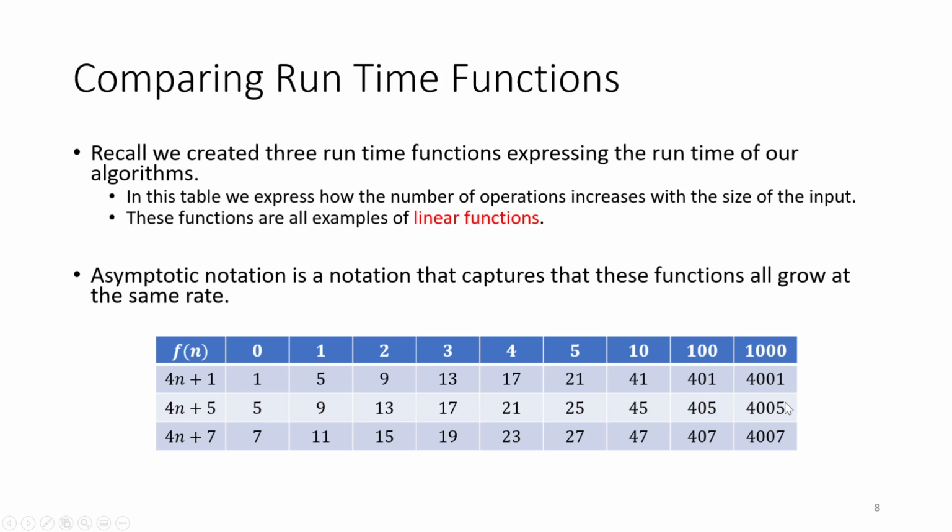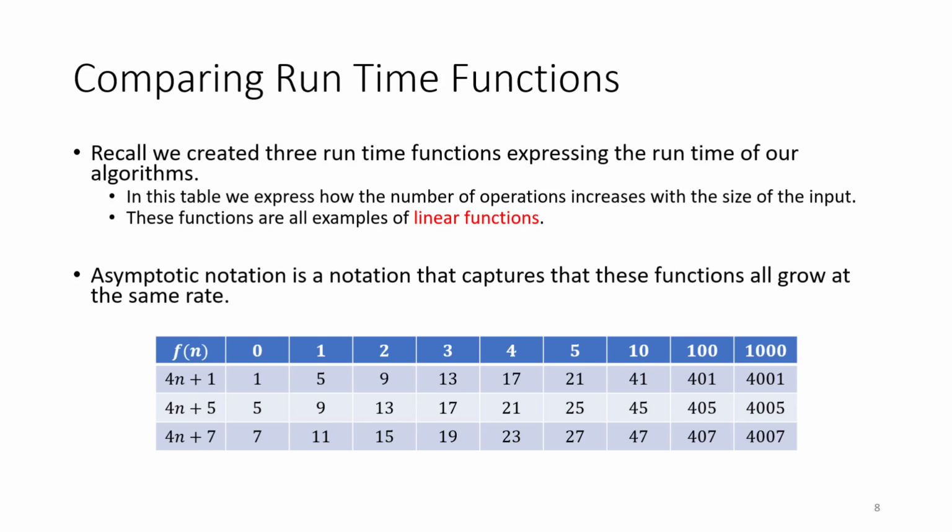So the point I'm trying to make with this table is that these lower order terms, these smaller ones, seem to make less difference as n gets larger, and the higher order terms start to become very dominant. Of course, here I've gone to 1,000, but this point could be made more and more if we go up to 1,000,000 or 1,000,000,000 and start seeing that 4 becomes very negligible.